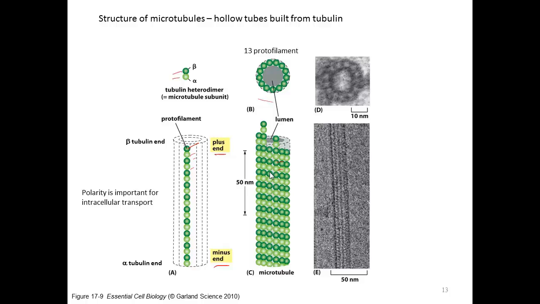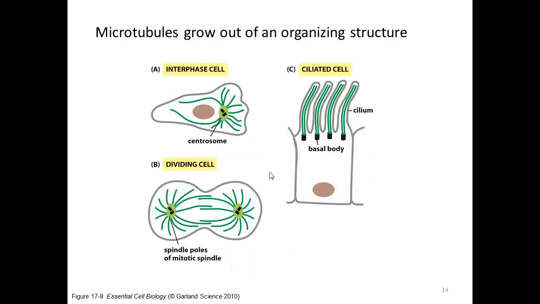In addition to the centrosome, which predominates during interphase, there are other organizing structures which microtubules can grow out of. During mitosis, there are two spindle poles that help drive migration of chromosomes to the center. When they line up, they will help participate in removing the chromosomes from the center.